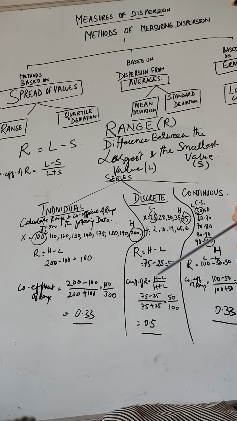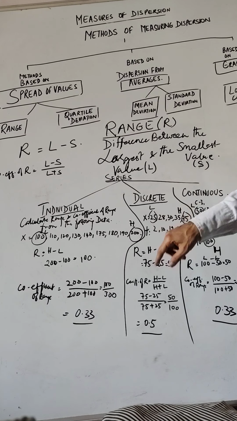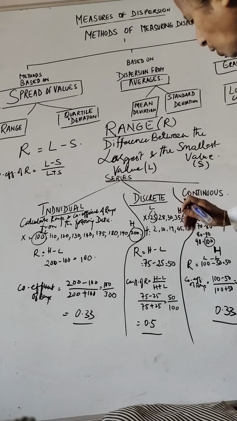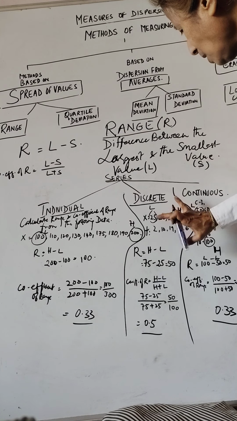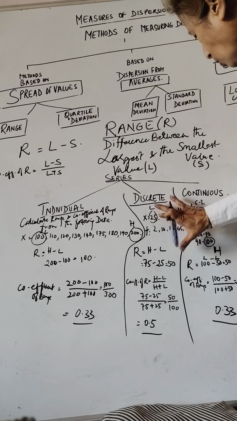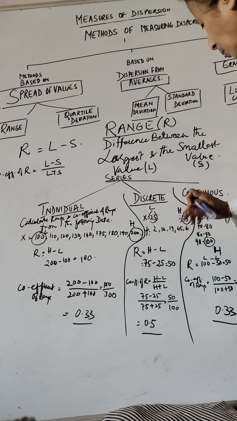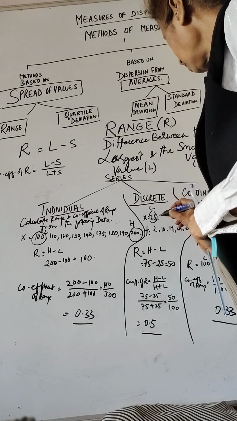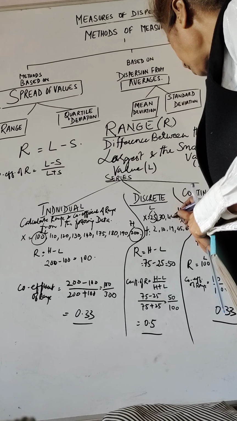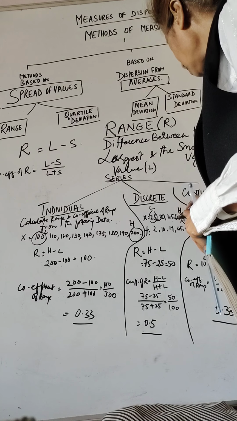Suppose I want to change the values in between these two, I can put 30, I can put 45, I can put 60.